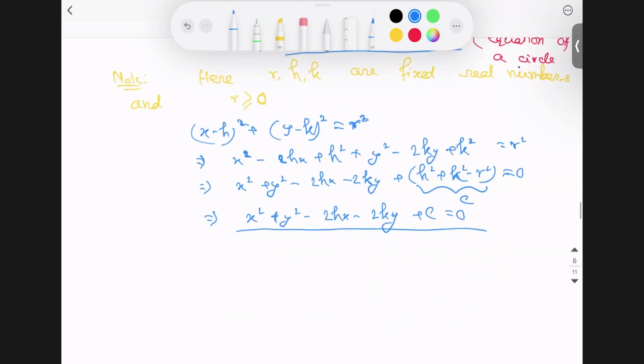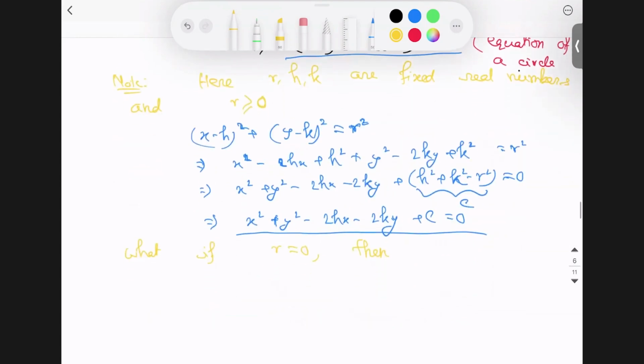Now, what if r equals 0? r greater than 0 is fine. What if r equals 0? Then what will we get? We will get (x minus h) whole square plus (y minus k) whole square is equal to 0.